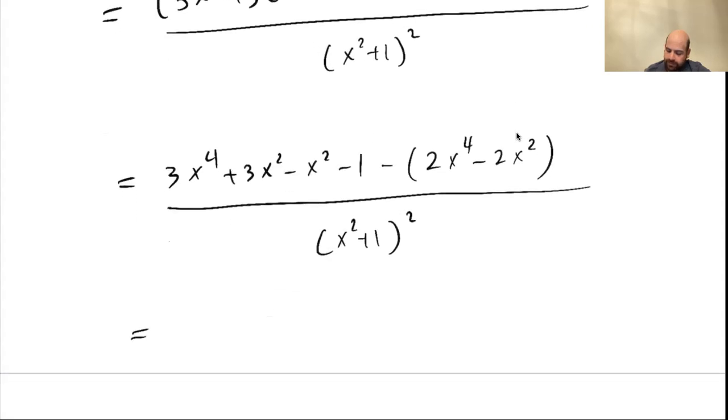And how much is that going to be? So 3x to power 4 minus 2x to power 4 is x to power 4. 3x squared plus 2x squared is 5x squared, minus x squared is 4x squared, minus 1, divided by x squared plus 1 to power 2.